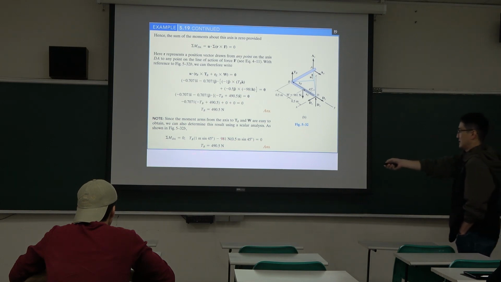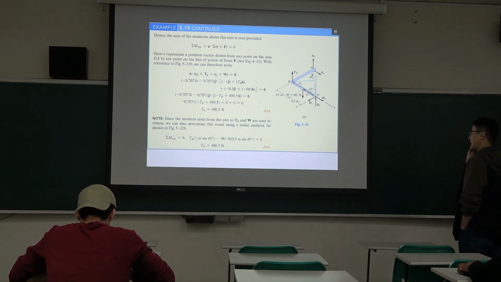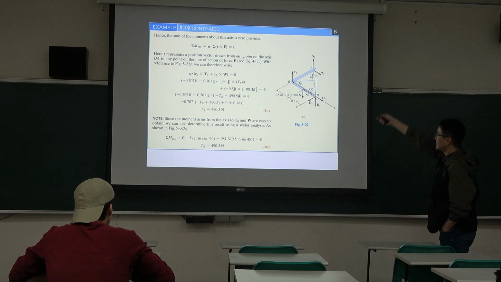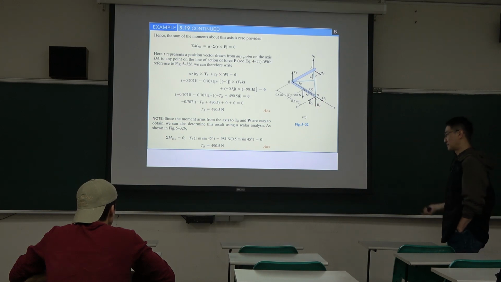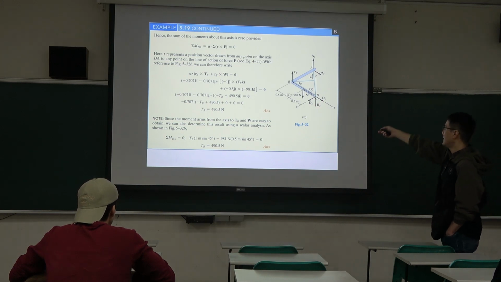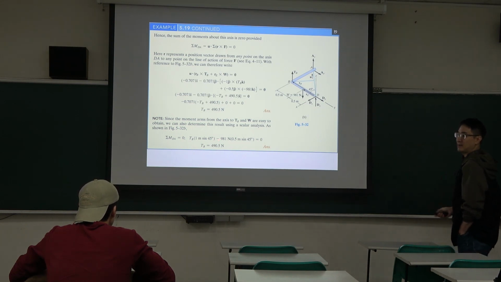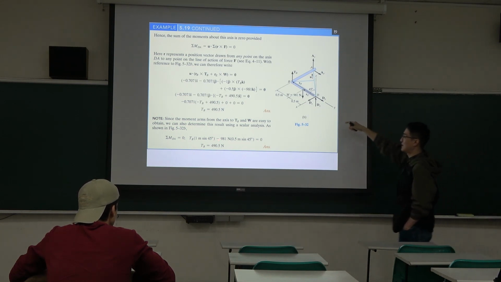And the bottom is the second approach. They also take a moment about this axis, the AD or DA axis. Then they directly work out the distance, and take the bending moment.